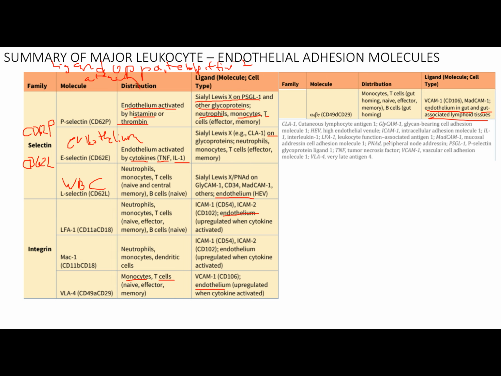MADCAM-1 is mucosal addressine cell adhesion molecule 1, PNAD peripheral node addressine, PSGL1 p-selectin glycoprotein ligand 1, TNF stands for tumor necrosis factor, VCAM-1 would stand for vascular cell adhesion molecule 1, and VLA-4 would stand for very late antigen 4. So please copy the table class as well as the meaning of those shortcuts.